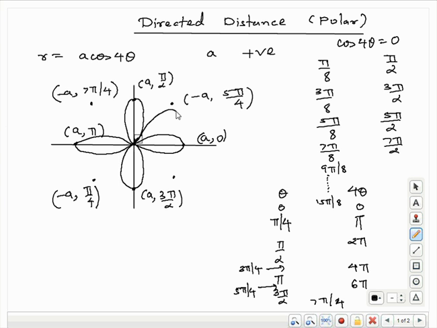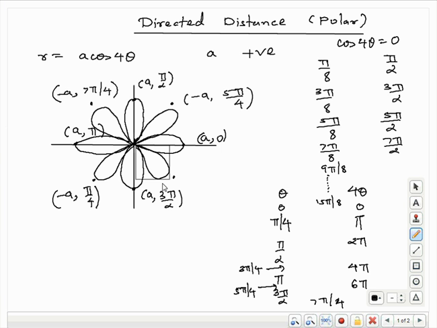One would be like this. And the other one would be like this. So 8. Somewhat like a flower, you will find 8 loops.